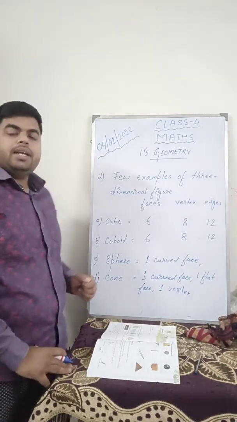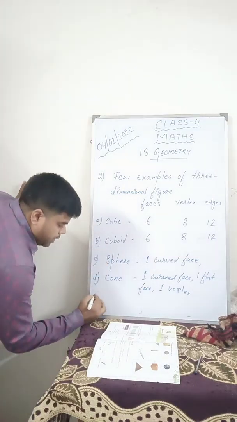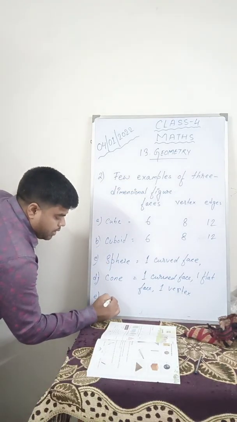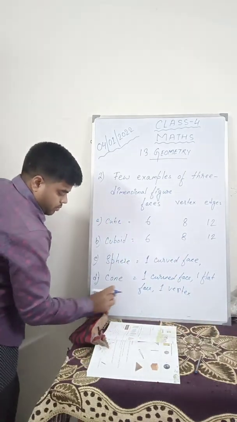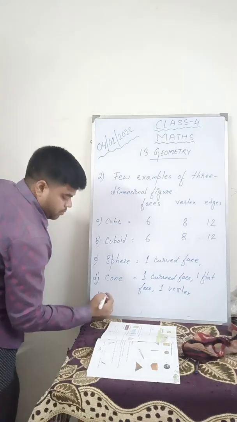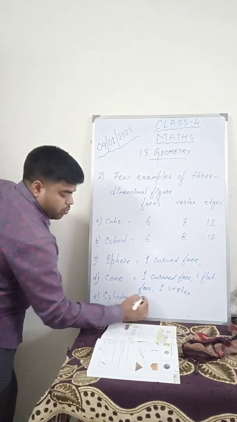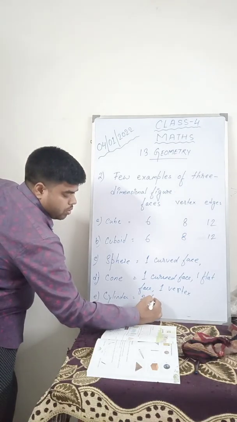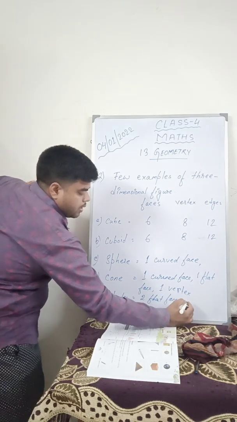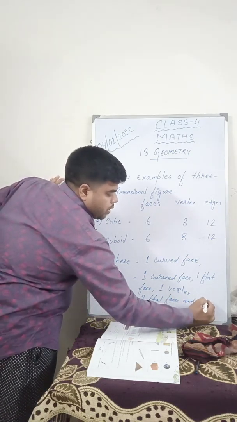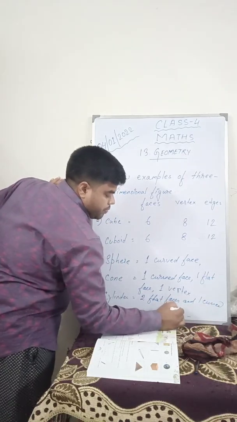Whereas in cylinder, you will have 2 flat faces and one curved face. So number E, in cylinder, you will have 2 flat faces and one curved face.